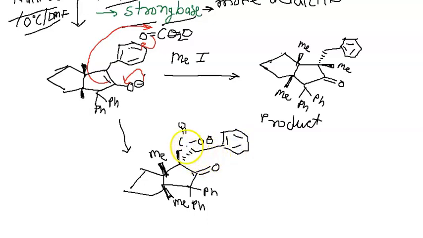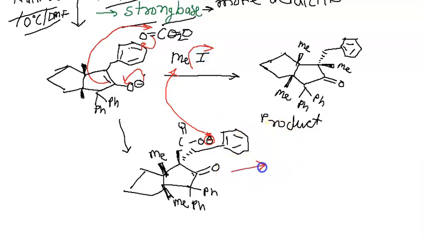Sorry for that, but I think you will understand with my language very well. Now, the negative charge of this oxygen will attack the methyl group of methyl iodide, and the iodide will be removed from here.